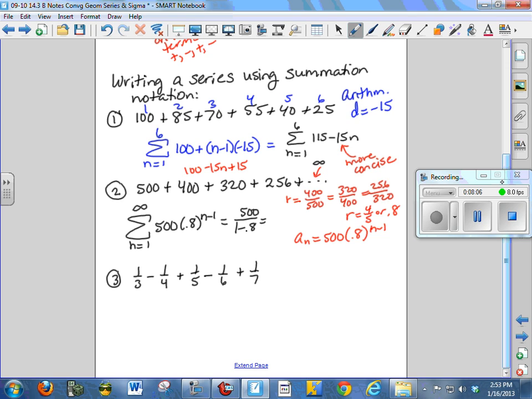So we actually can find the infinite sum. Now, many times if you're given summation notation with an infinity sign up here, you may not be able to actually find all the terms and sums. You could just list some of them out and put a dot, dot, dot after them. But in this case, we actually can find the sum because it is a converging geometric series.